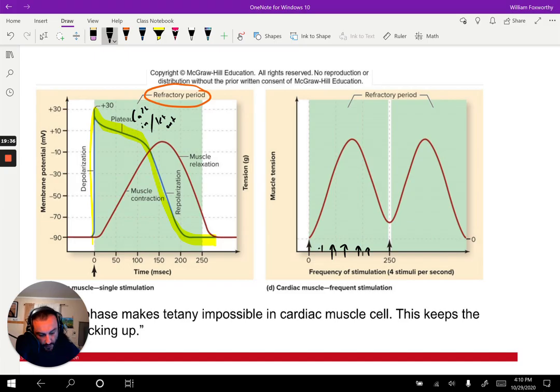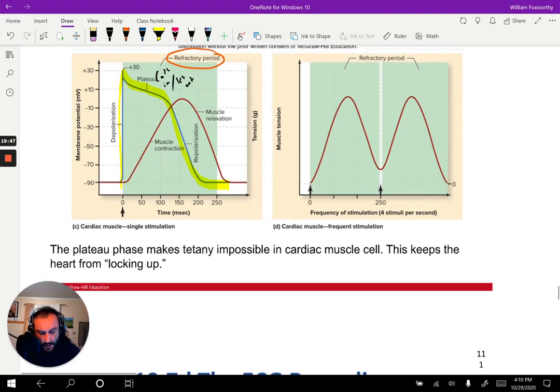So even if I stimulate over and over and over, I'm still not going to be able to make that cell fire action potentials until that refractory period has passed. And so that plateau phase makes tetany impossible in your cardiac muscle cell, which keeps your heart from locking up.